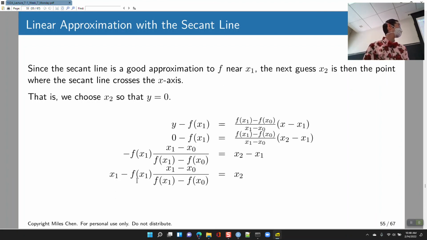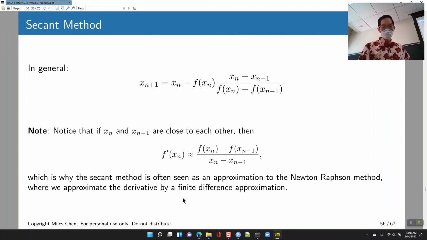So there are a lot of similarities between this and the Newton-Raphson method. It's just, instead of doing f of x1 divided by f prime of x1, it's f of x1 times 1 over the slope, where our estimated slope is found by taking the difference between f of x's divided by the difference between x's.